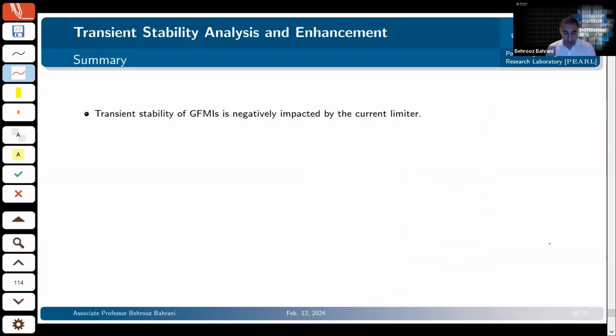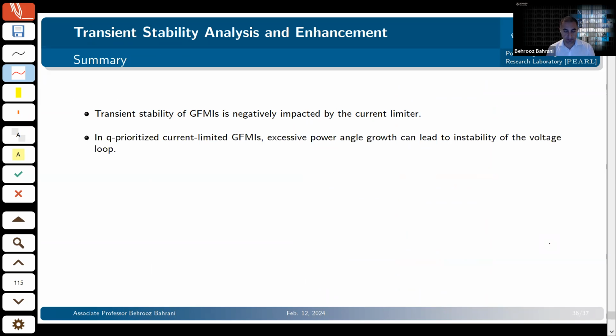So, a summary: we looked into transient stability of grid-forming inverters, and we saw that it can be negatively impacted when you have a current limiter in the system, and you must have a current limiter because you must control current to protect your switches.